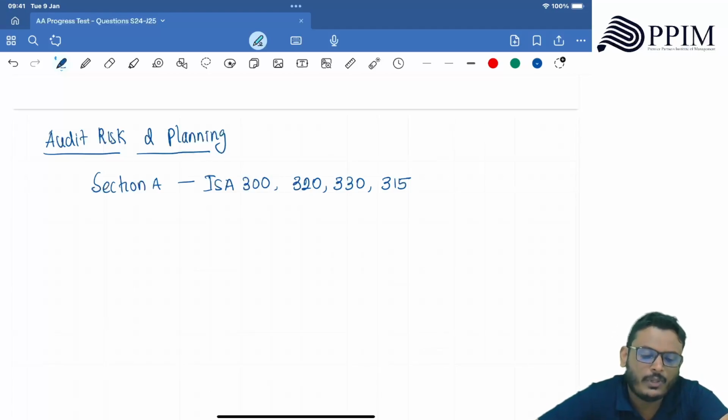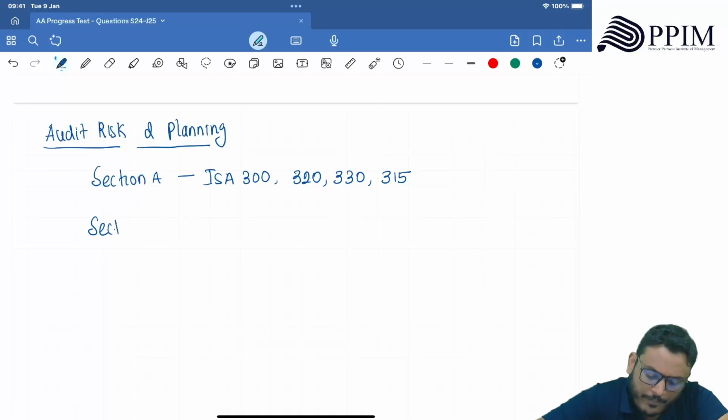ISA 320 is about materiality. ISA 330 is about interim and final audit, and ISA 315 understanding the business entity. All these things together can be tested. And section B, there are questions possible from this.